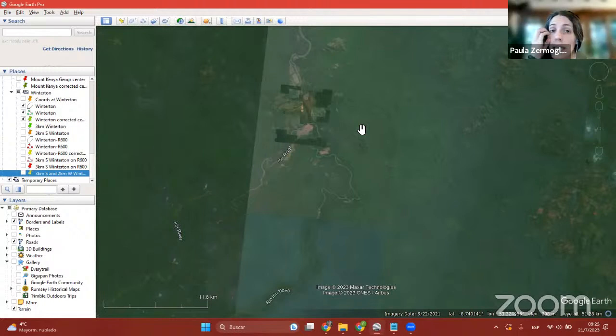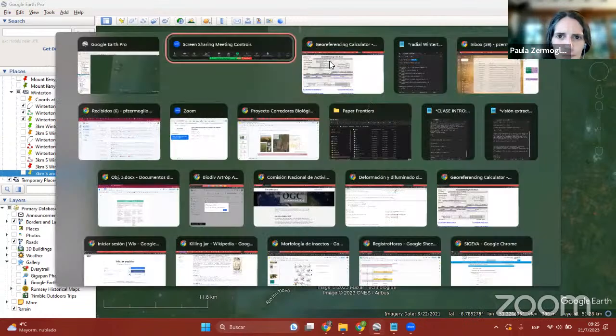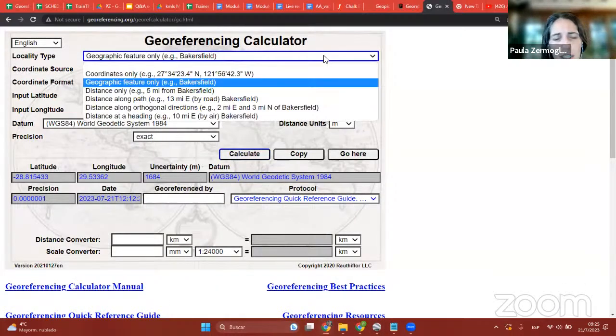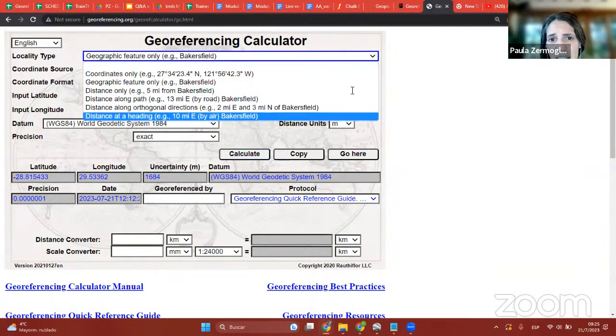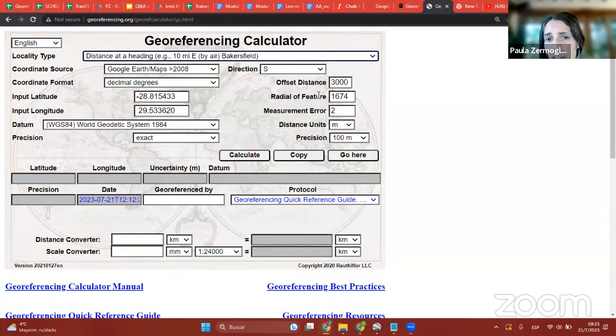Well, that depends again on the locality description. If we have a description that says 100 kilometers south from a town, we would have to use distance at a heading in the calculation, and what we will need is both the radial of the town and the distance.